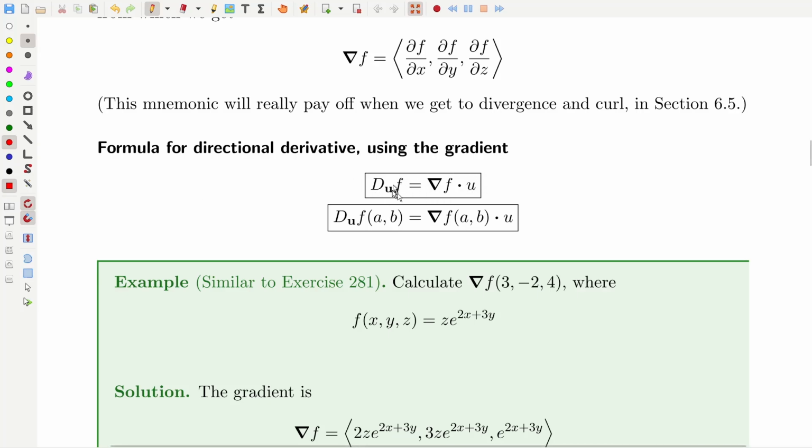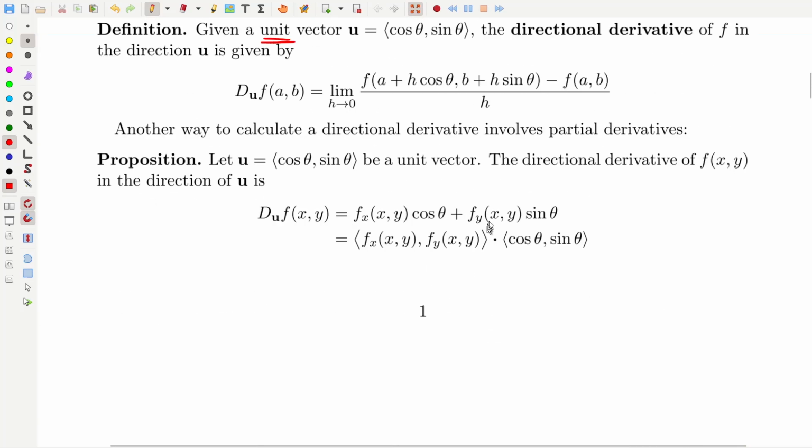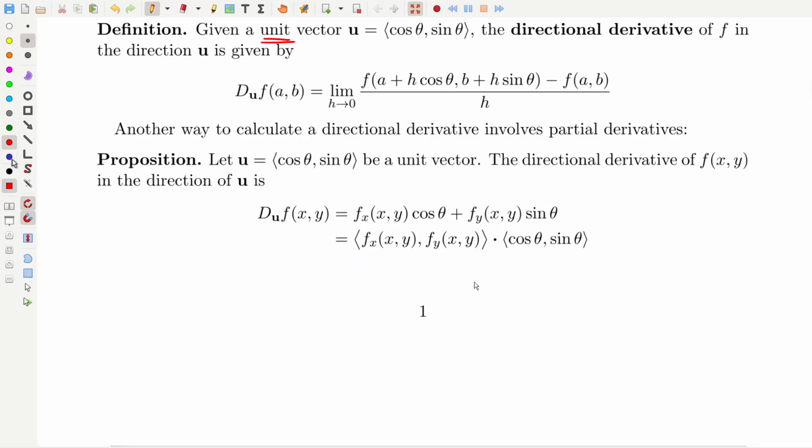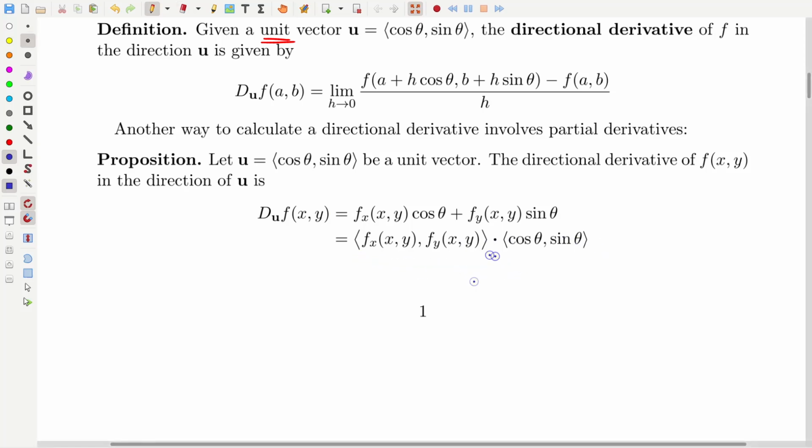This is me rewriting the formula here. Okay, so this is actually the gradient, and I don't know if I want to actually just write that here. I guess I can. So yeah, this guy is gradient of f dot with u.